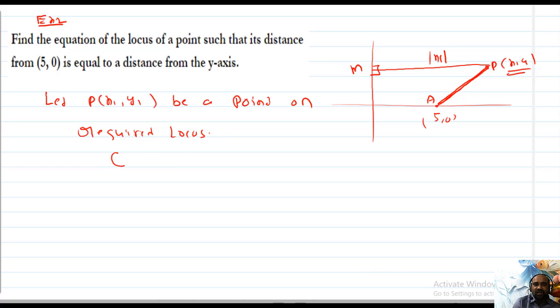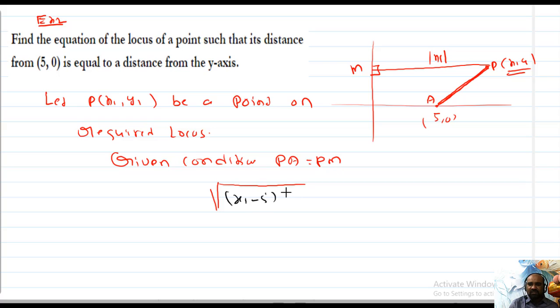Given condition: PA equal to PM. PA means distance: root over (x1 minus 5) whole square plus (y1 minus 0) whole square should be equal to mod x1.